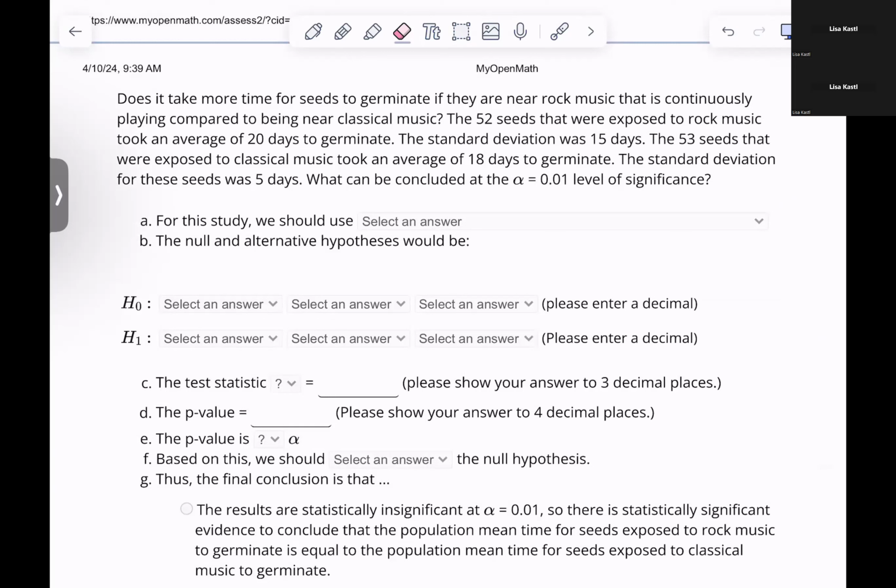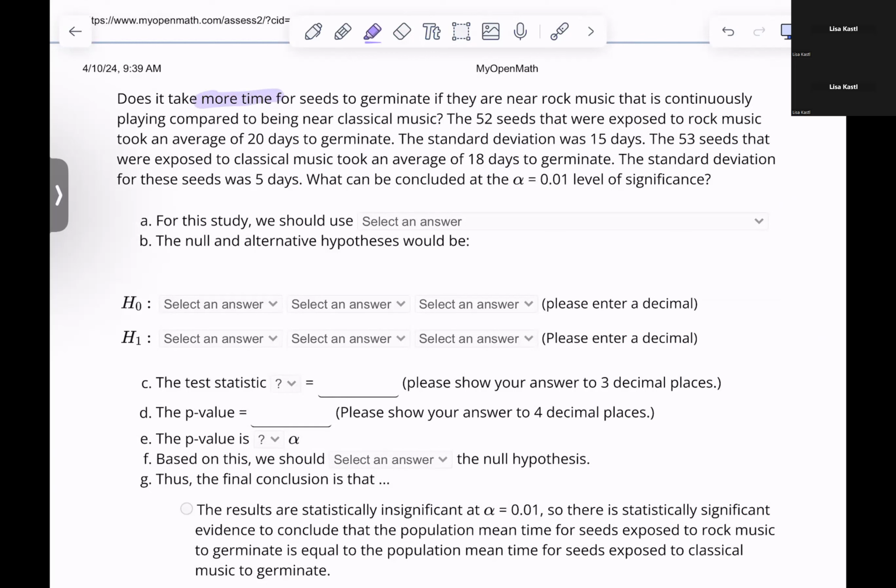This is problem 5. Does it take more time for seeds to germinate? At least I got a more than. Does it take more time for seeds to germinate if they are near rock music that is continuously playing compared to being near classical music?